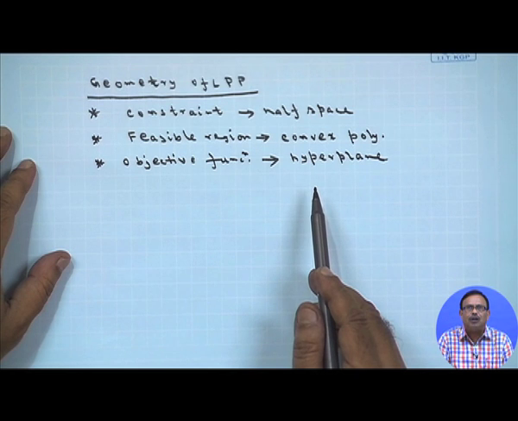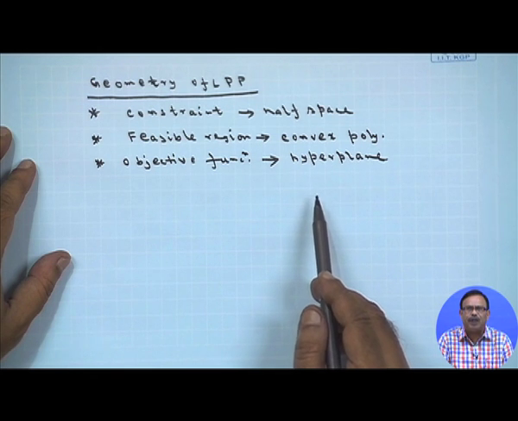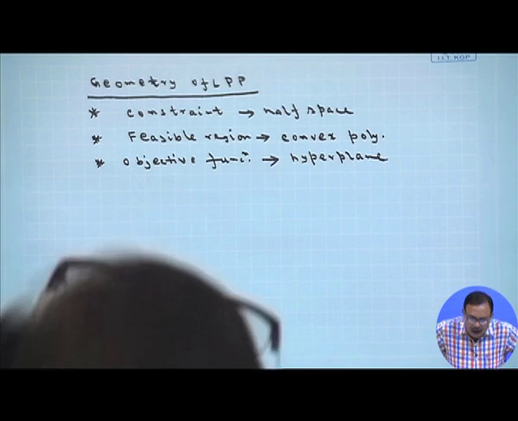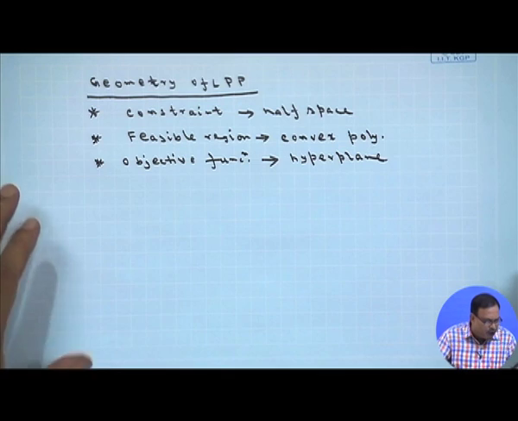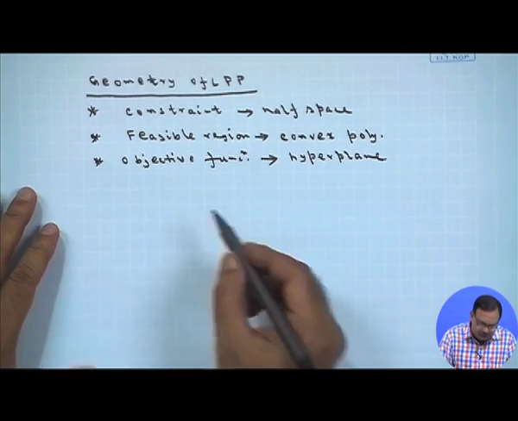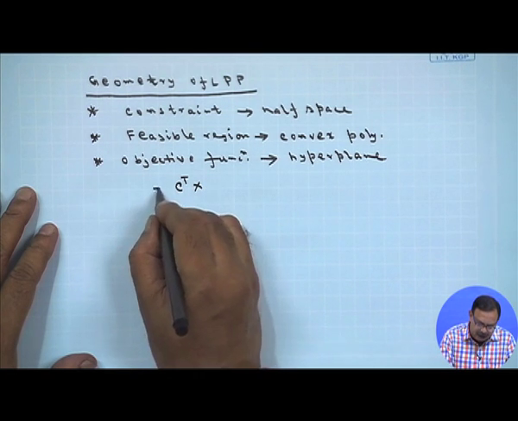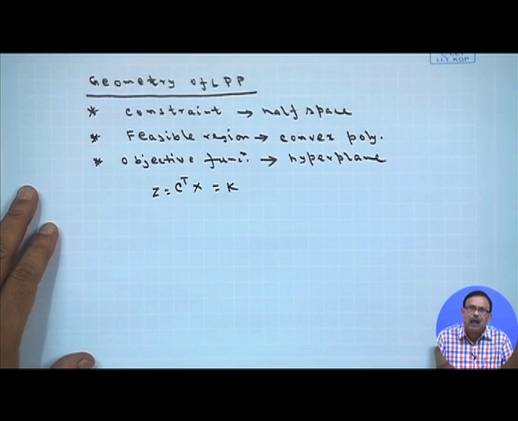Intersection of all these constraints or half spaces will form a feasible region, which is nothing but the linear convex combination of linearly independent vectors, which we are calling convex polyhedron. Now, what about this one? Your objective function can be written as z equals C transpose x equals say k.